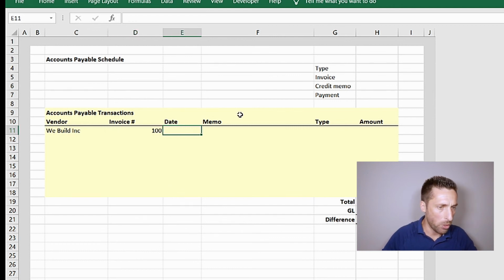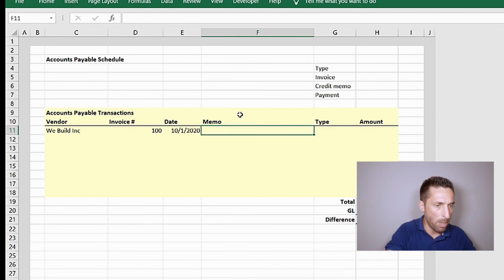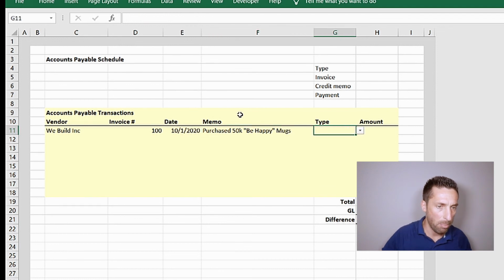Invoice number 100, date 10/1/2020, memo. Purchased 50K Be Happy mugs. Type of the transaction, this is an invoice, and the amount, I'm going to record it as a credit here. I'm going to record the amount we still owe this company is $25,000.